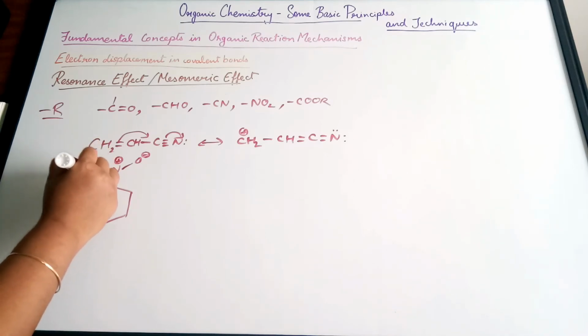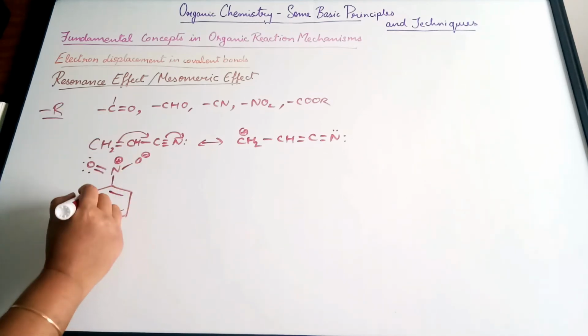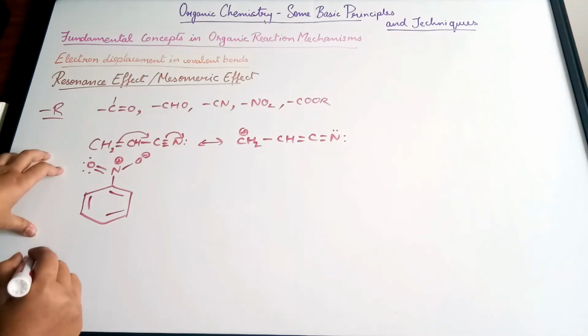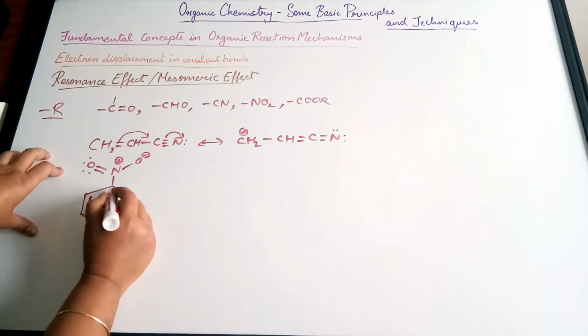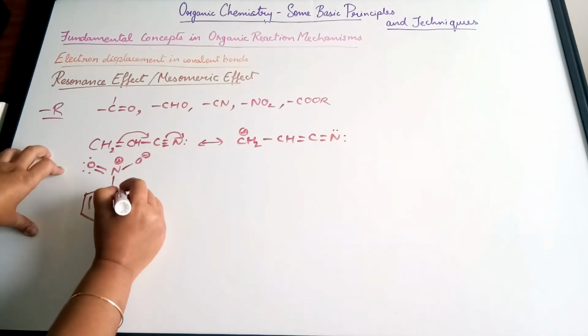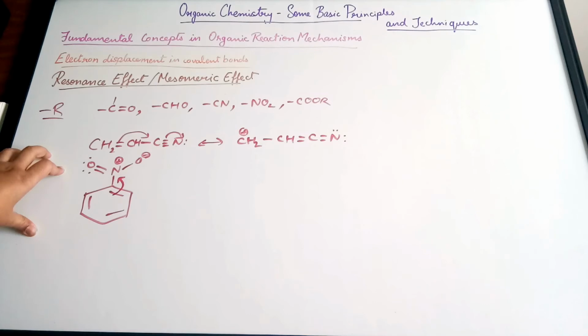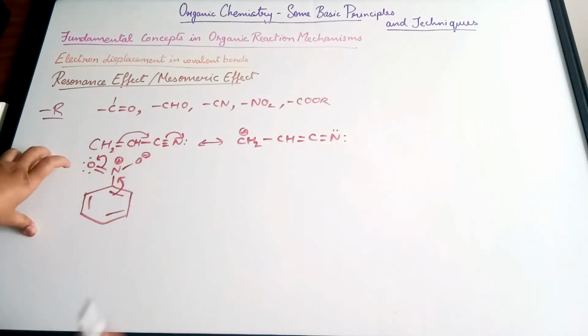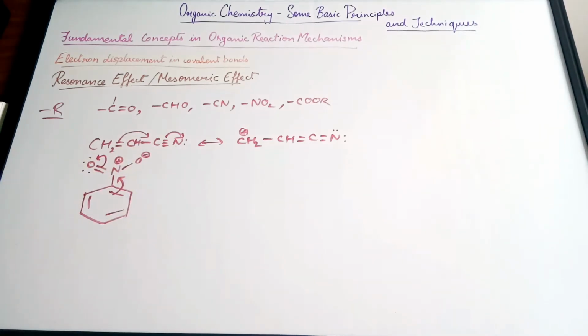Now what happens is, so these are our double bonds. The bond which is formed between these two carbons shifted towards the nitrogen carbon bond, and this bond is broken, and this leads to a negative charge on the oxygen.